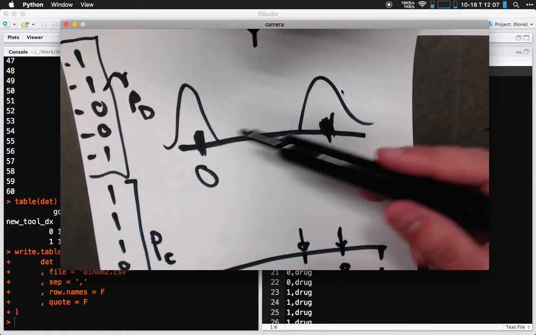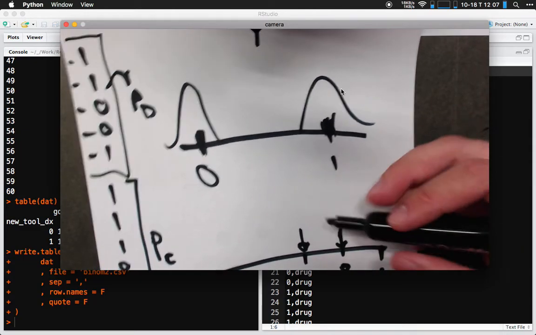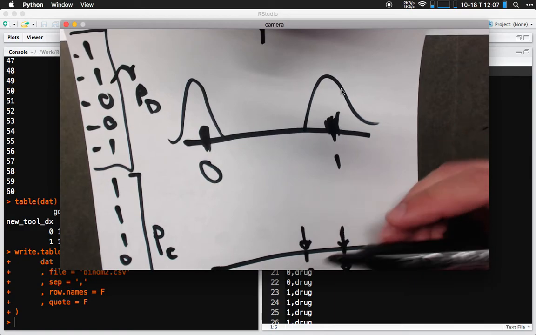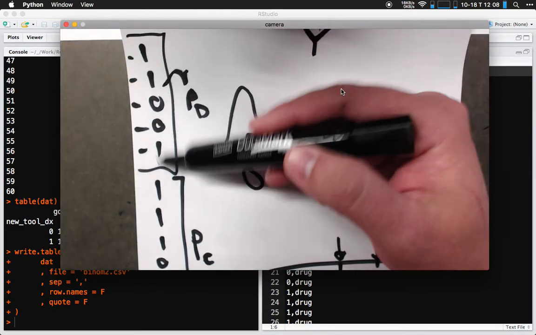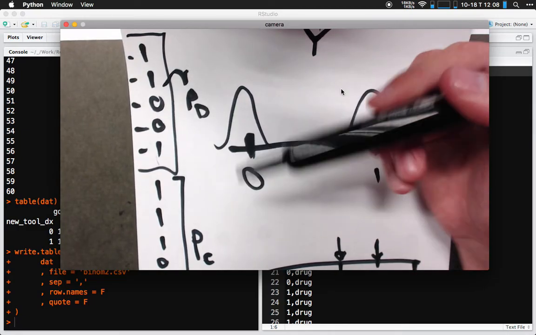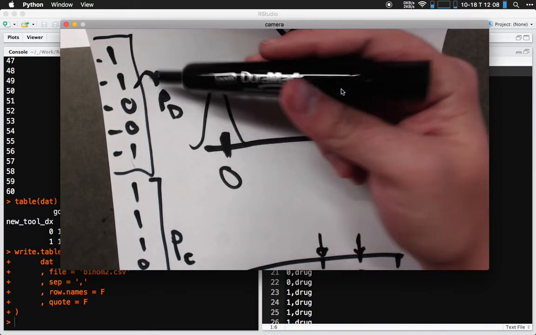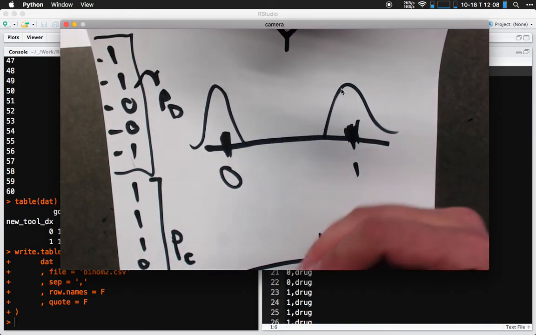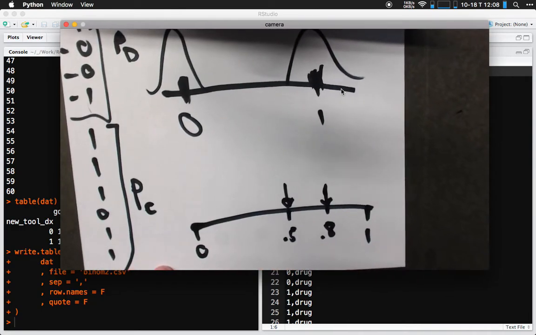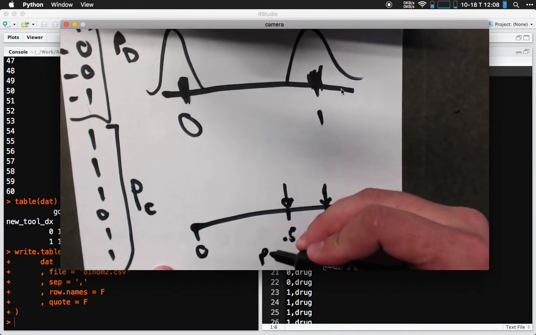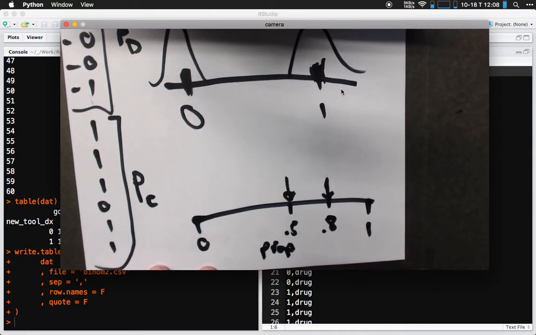I can't actually remember what we have in the data set that we'll deal with; we'll take a look at that in a moment. If these were all 1s, the mean would be 1, so the highest you can go is 1. If these were all 0s, the mean would be 0, so the lowest you can go is 0. So it's a constrained scale from 0 to 1 that we're dealing with.